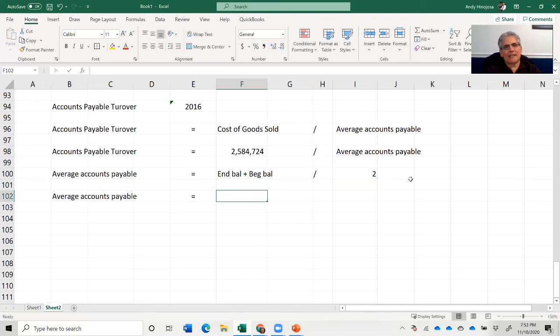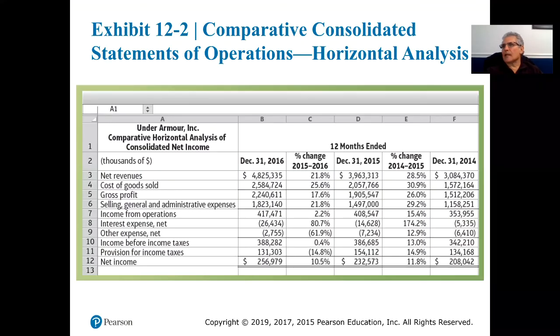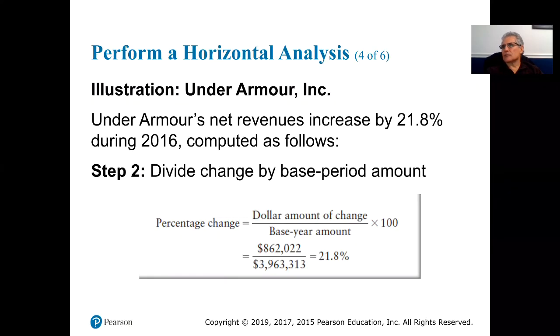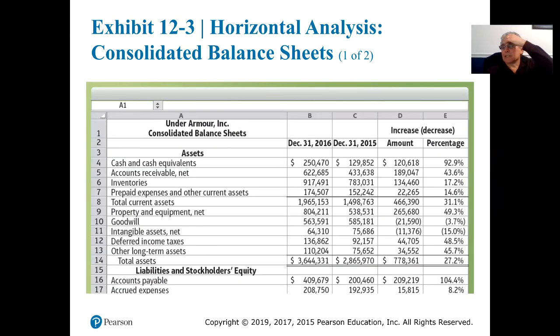So to get the beginning and ending balance, we'll go back to the PowerPoint and scroll down to slide 11. And on slide 11, we have accounts payable, the bottom here. Accounts payable, the ending balance is 409,679.